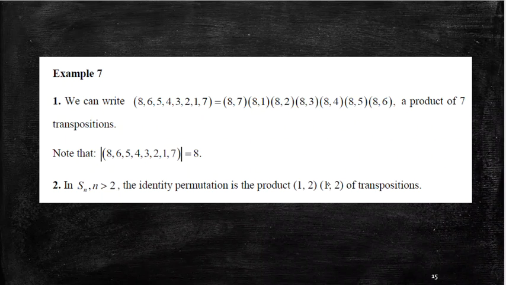Because we can see here 1 is mapped to 2, 2 to 1, so we have 1. 2 to 1, 1 goes back to 2, so we have this form. That means this is an identity permutation.